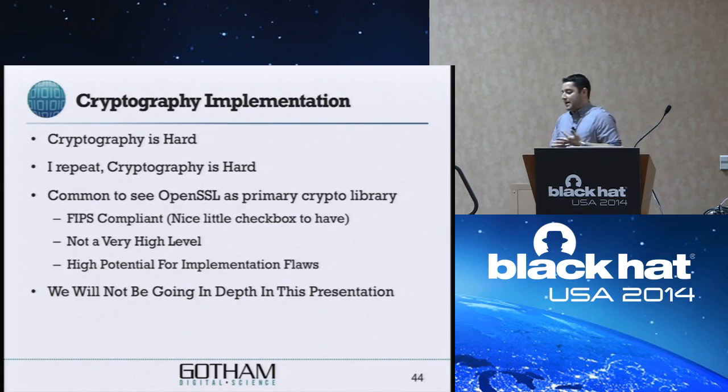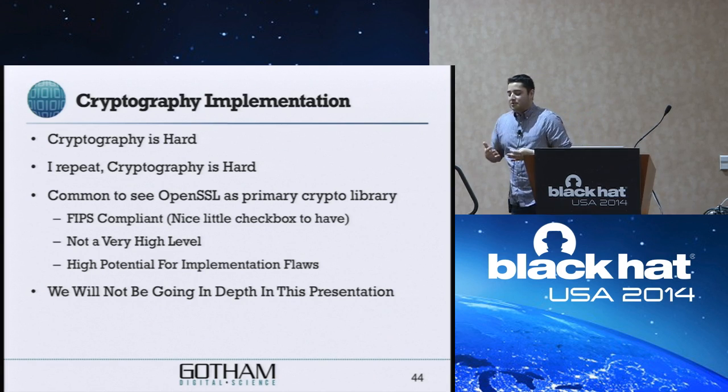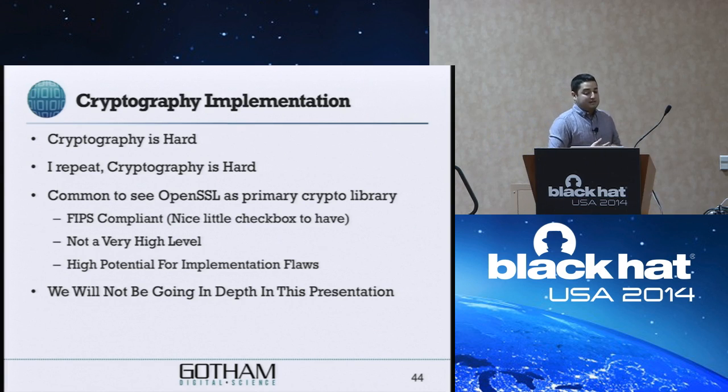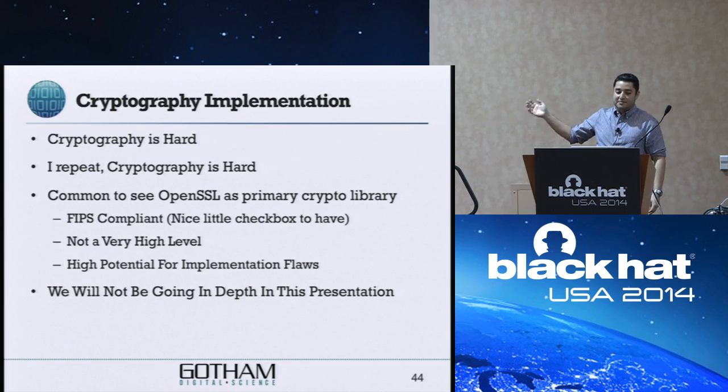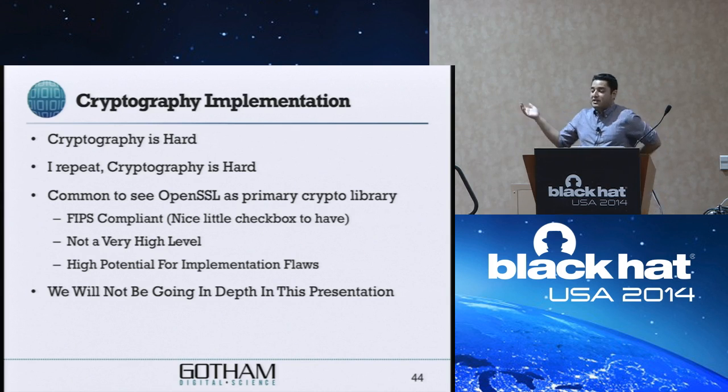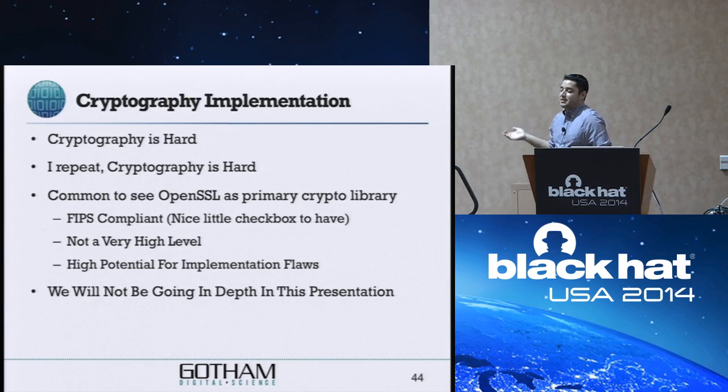So what we've found is that the de facto library to use in these solutions is typically OpenSSL. You're always going to see this OpenSSL native library injected. And why do they use OpenSSL? Because it's FIPS compliant, and you can say, all right, check, check, check, check, I'm FIPS compliant. Add it to my white paper, I'm good to go.